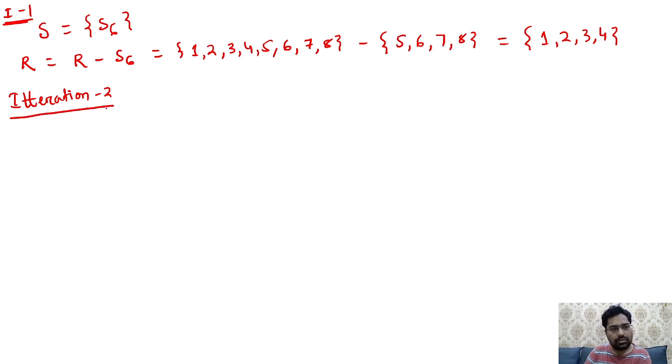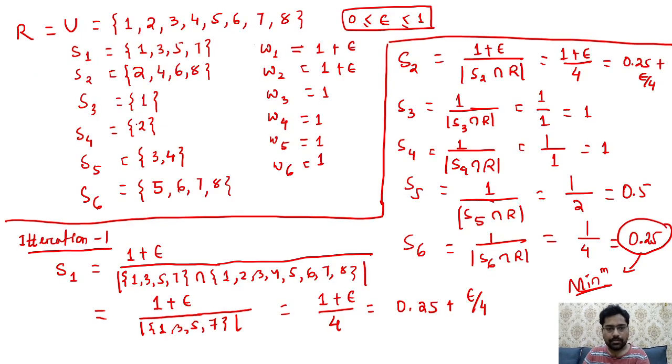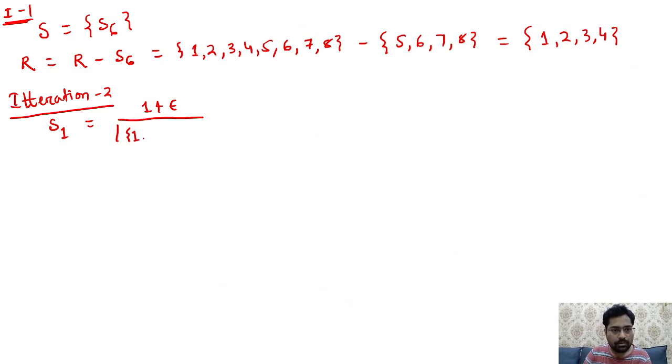Now for iteration 2, S6 will be removed and we start with S1. S1 again has weight 1 plus epsilon, divided by the elements present there, which are 1, 3, 5, 7, intersection 1, 2, 3, 4.